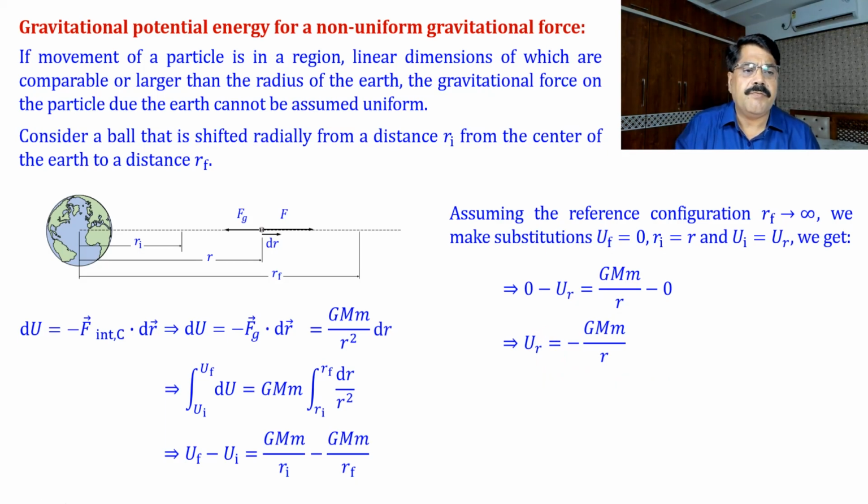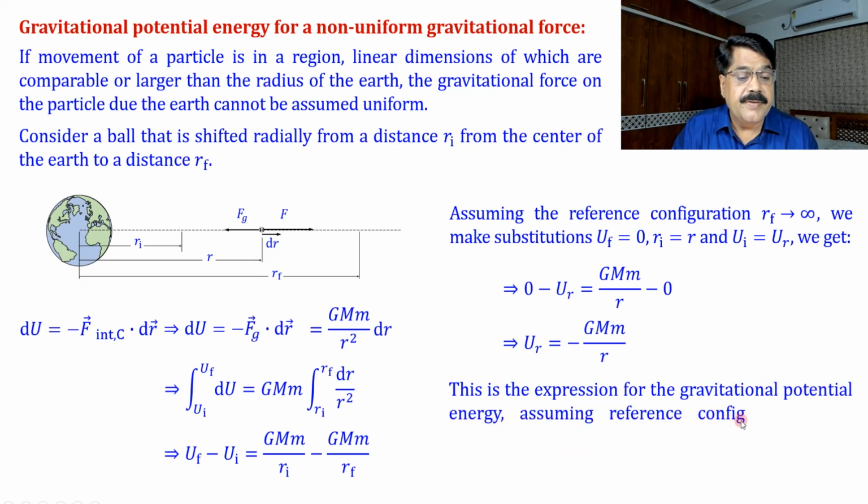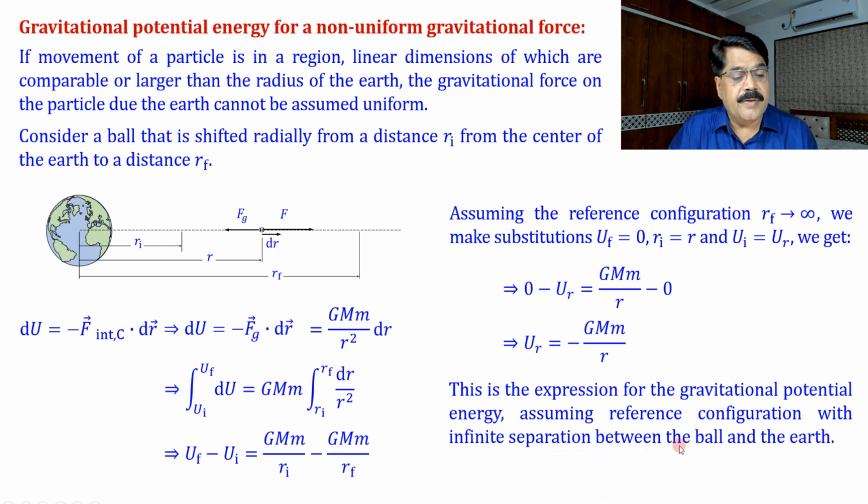So we can say far away from the Earth, the body is almost free from the gravitational influence of the Earth. So this is the expression for the gravitational potential energy, assuming the reference configuration with infinite separation between the ball and the Earth. This is the expression we will use when we cannot assume gravity to be uniform.